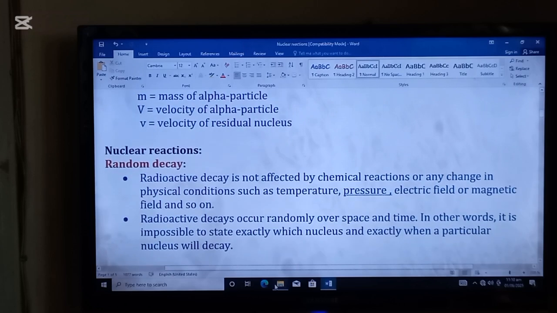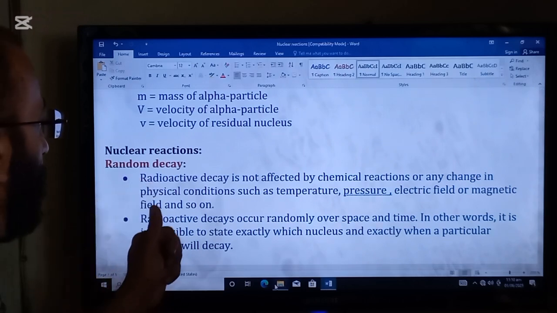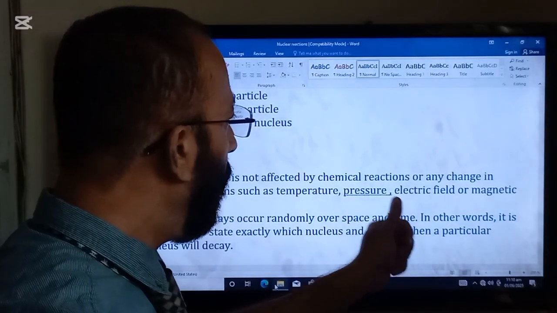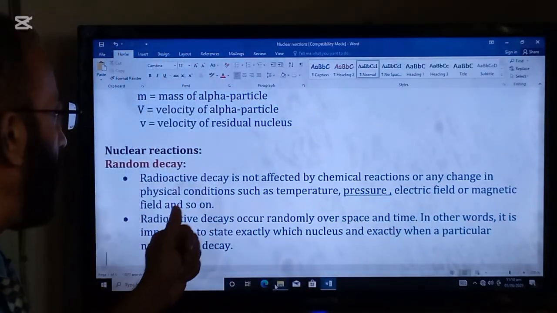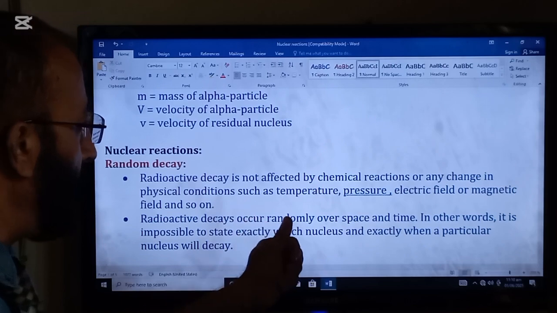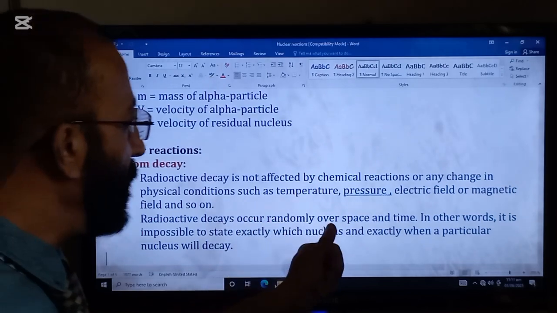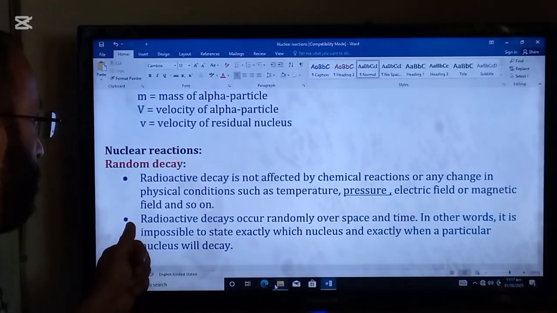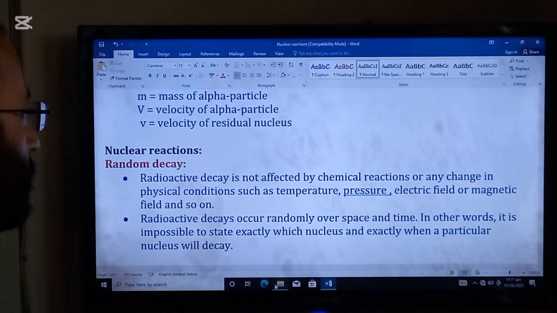Okay. Next is nuclear reactions. Random decay. Radioactive decay is not affected by chemical reactions or any change in the physical conditions such as temperature, pressure, electric field, or magnetic field, and so on.